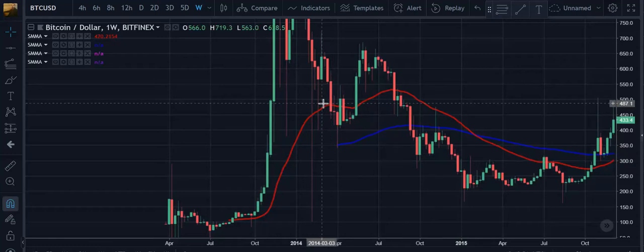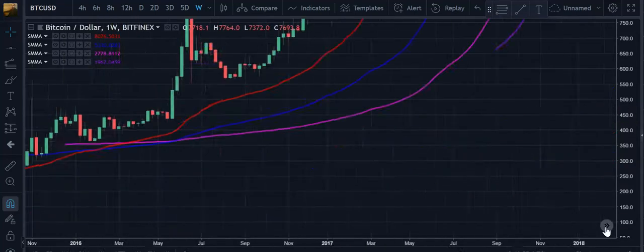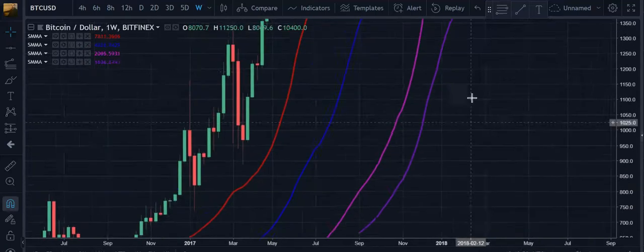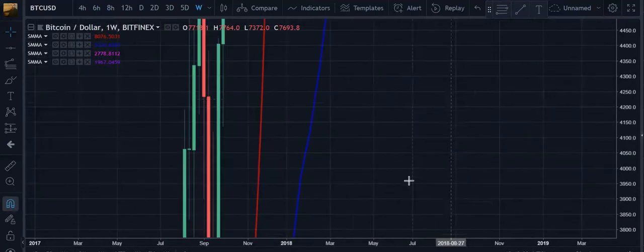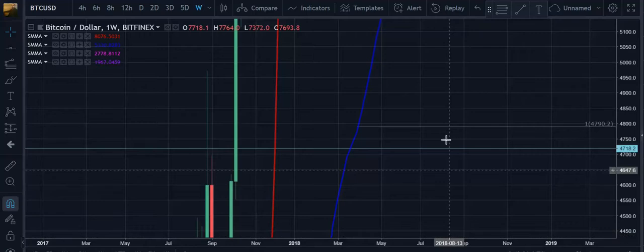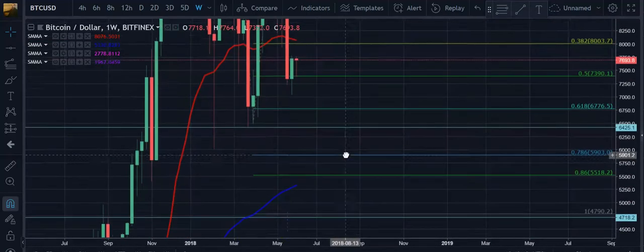The red line is coming down. And now we go to present. The red line is coming down.